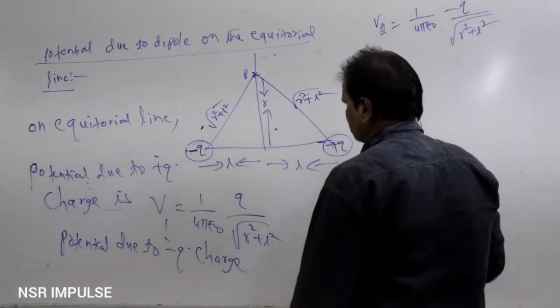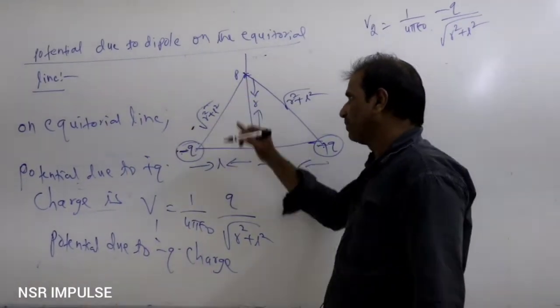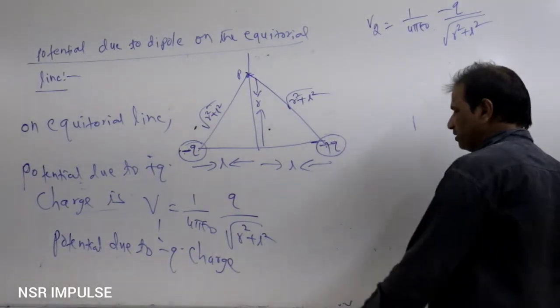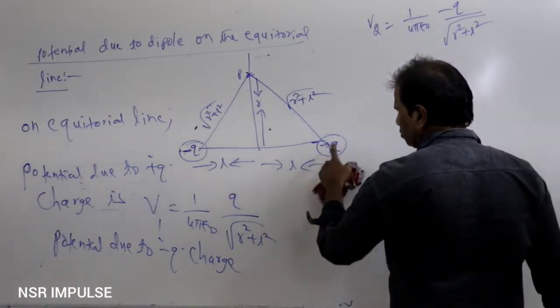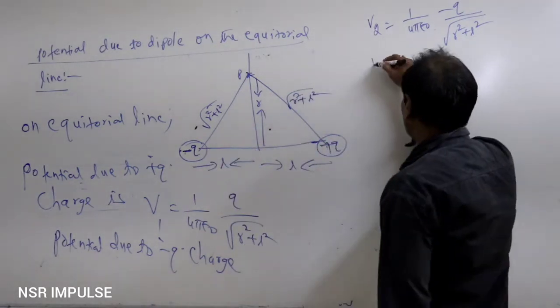This is minus, it will give negative potential at point P. That's why this potential is due to plus q, this potential is due to minus q.